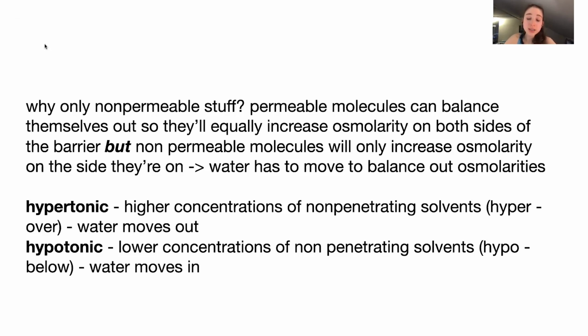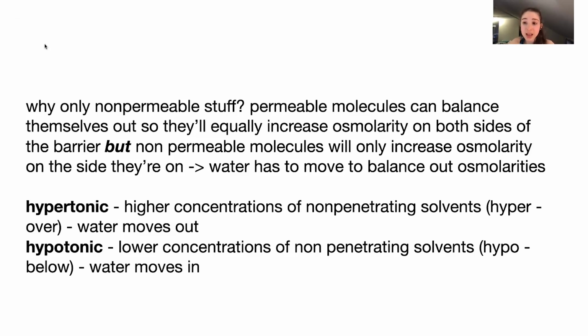In a hypertonic solution, you have higher concentrations of non-penetrating solute. So hyper, over, and so the water is going to move out. This is why if you were to stick a cell into a high salt solution, the cell would shrivel up. Hypotonic is lower concentrations of non-penetrating solute. So hypo would be low, and here water is going to move in.